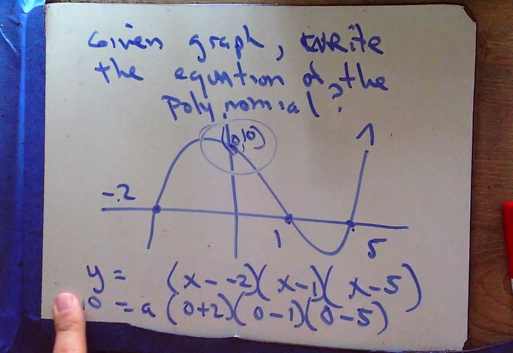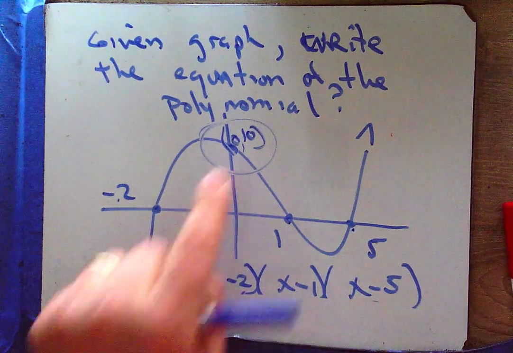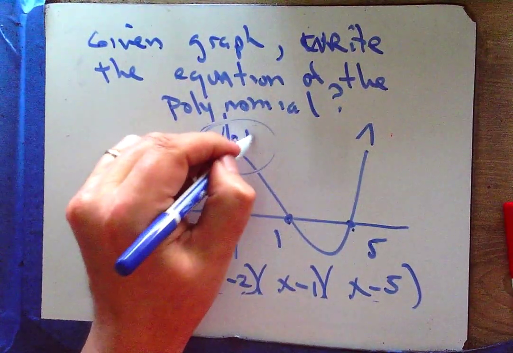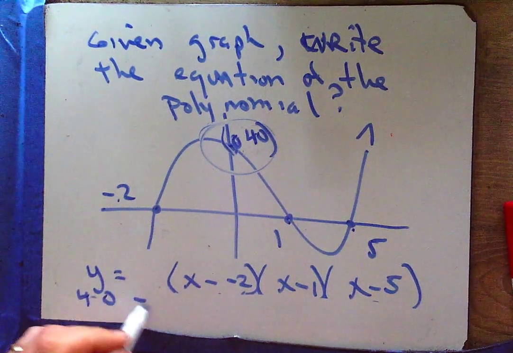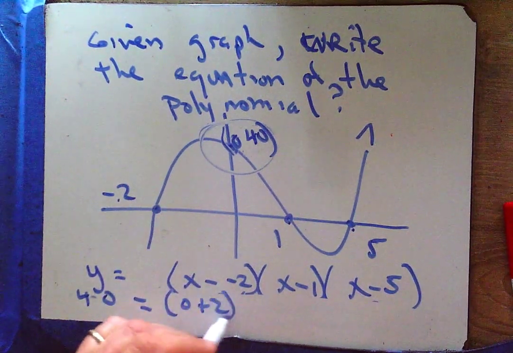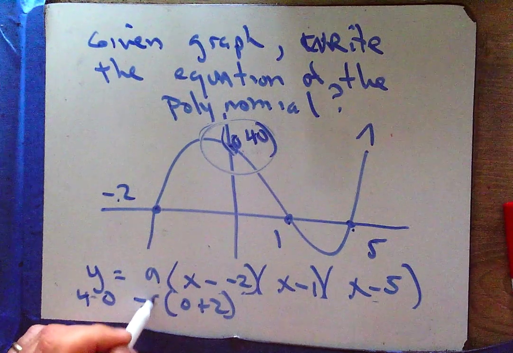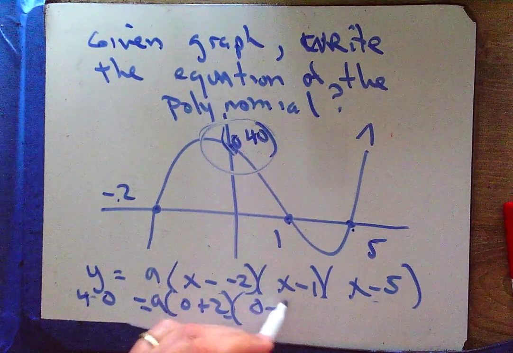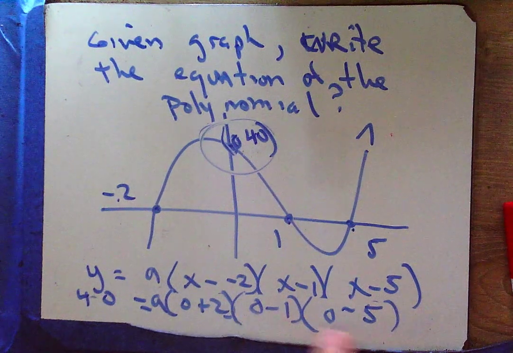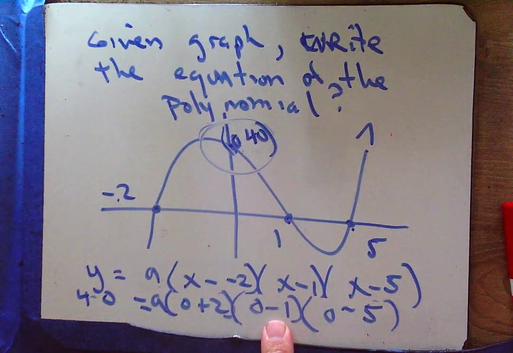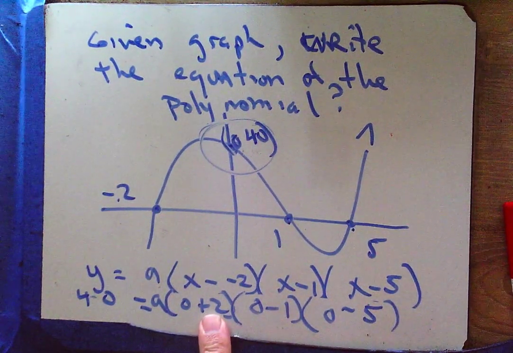So there's my polynomial. But if I had here 40, then I would say 40 equals a times 0 plus 2. Oop, I lost my a. 40 equals a times 0 plus 2, 0 minus 1, 0 minus 5. And so look what happens. Negative times negative is positive 5, times positive 2 is positive 10.